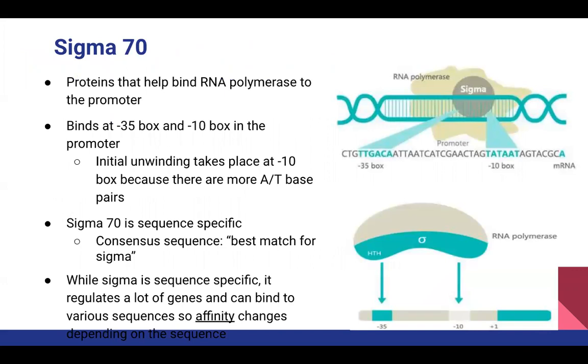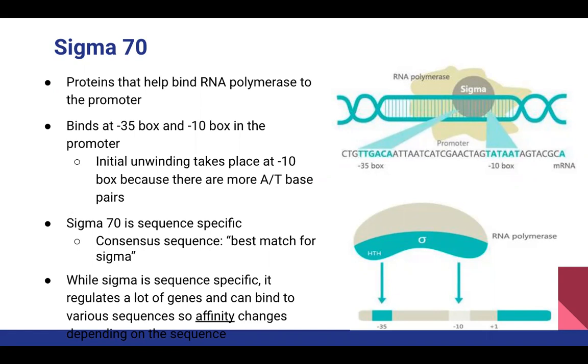So a sigma factor that we talk about is sigma 70, and it's a protein that helps RNA polymerase to bind to the promoter. So it's a positive regulator, and sigma 70 is sequence specific, but it's not an exact sequence.